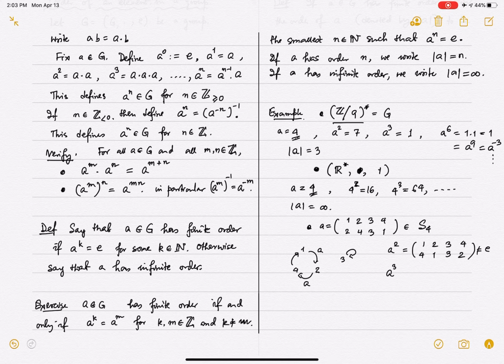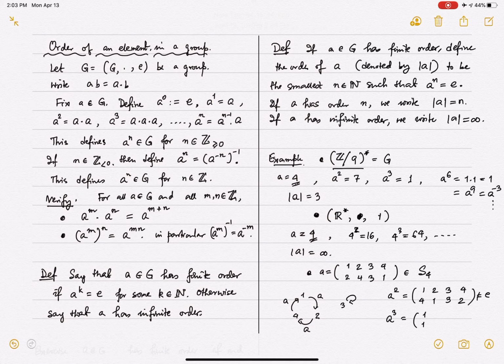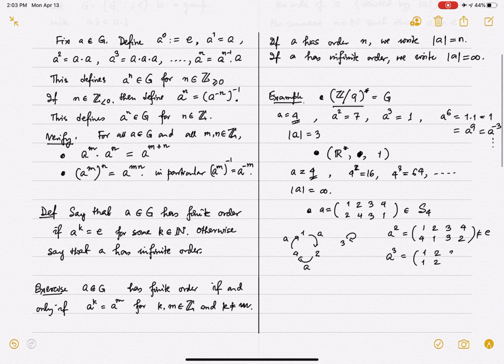But when you take the third power, you see that 1 goes to 2, then 2 goes to 4 when you apply it again, and then 4 goes back to 1 when you apply a again. These are what are called 3-cycles. Similarly, you'll check that 2 goes to 2, 3 already went to 3 anyway, and 4 goes to 4. So that is identity. Again, this element has order 3.